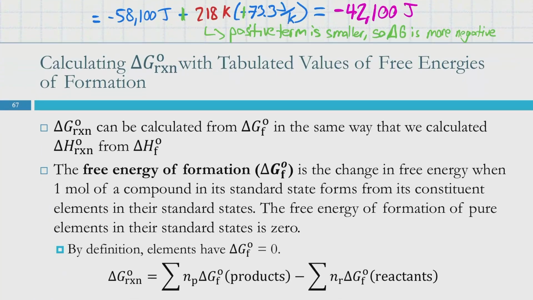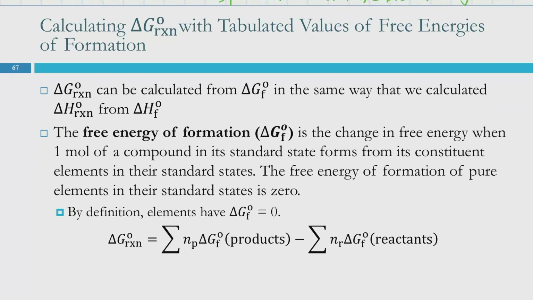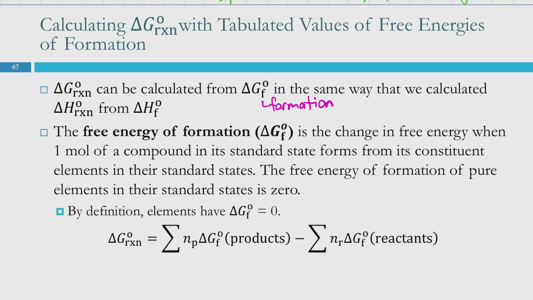We can also calculate it from values of free energy of formation. So our F here standing for formation. And look at this, it's like identical to the previous stuff, right?